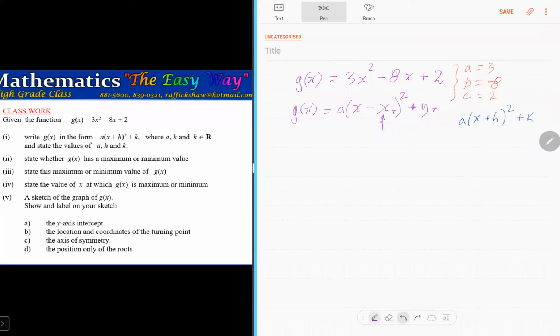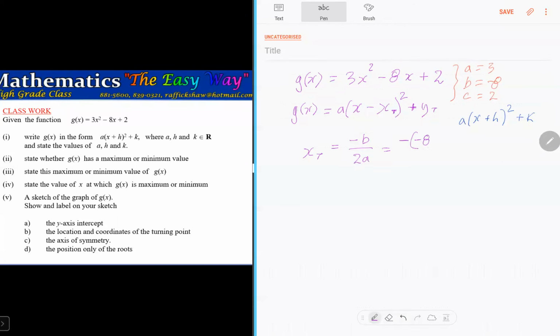All right. So xt is equal to negative b divided by 2a. That's the formula for xt, which you must know. Which would then be equal to minus, that is this minus that I've placed there first, and then b is negative 8. So it's minus negative 8.